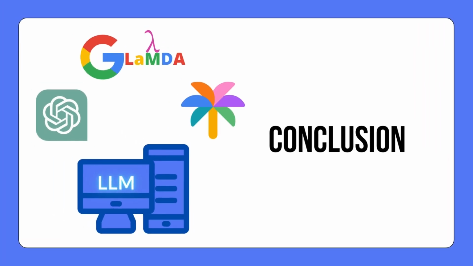So, in this video, we dived into the exciting advances in large language models, focusing on Google AI's PaLM and LaMDA, as well as OpenAI's GPT. We also highlighted other noteworthy models in the field, such as Turing NLG, BERT, XLNet, and Megatron Transformer.